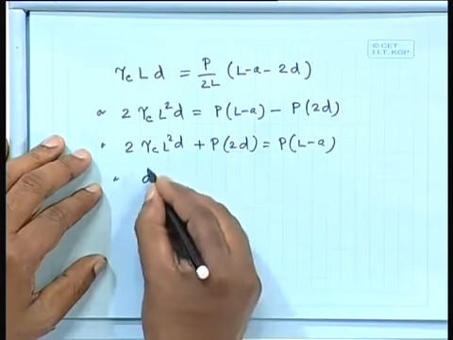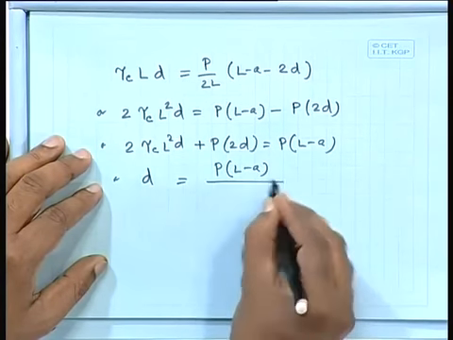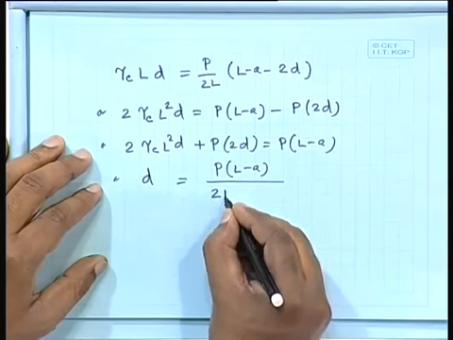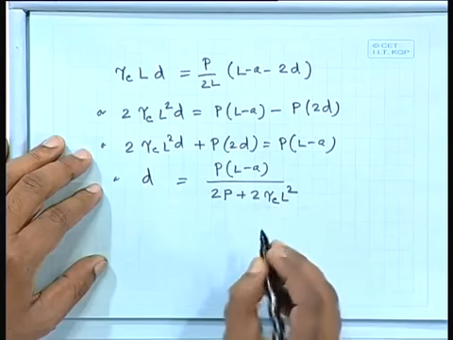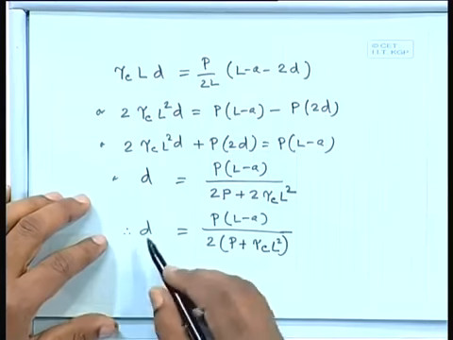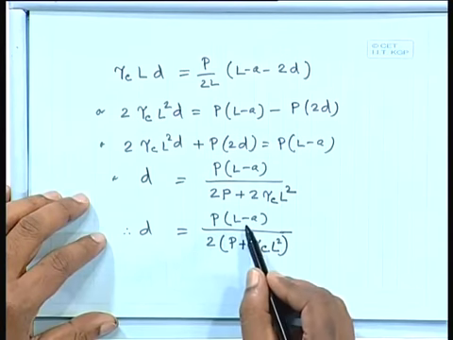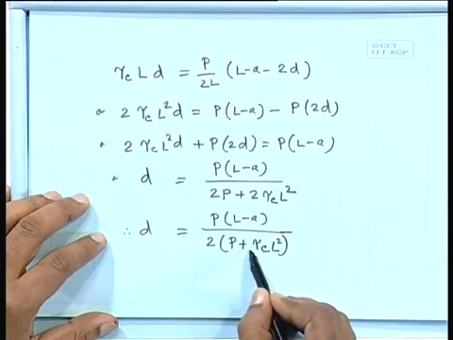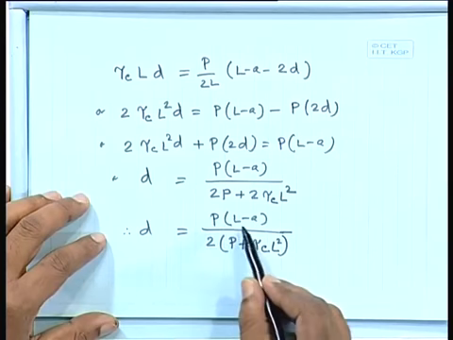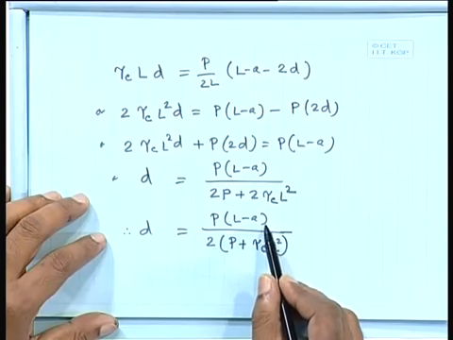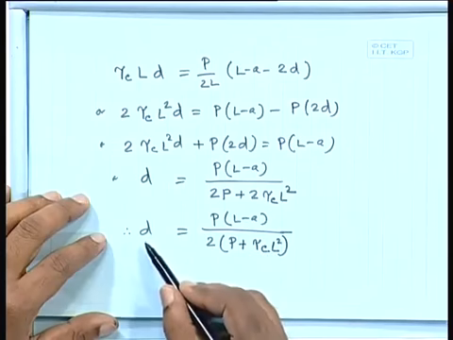So D equals P times (L minus A) divided by twice P plus twice tau C L square. So we know P, L, and A, the column size, and tau C is 0.35 Newton per square millimeter. So we can find out the depth.